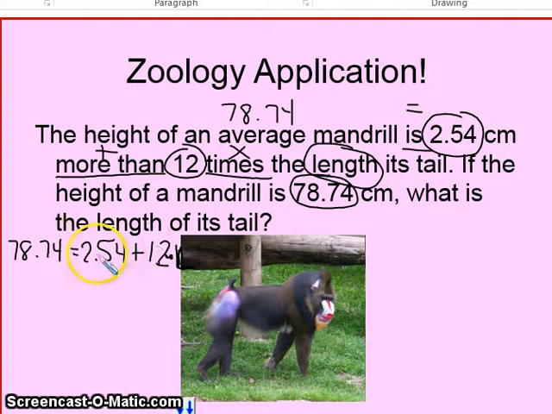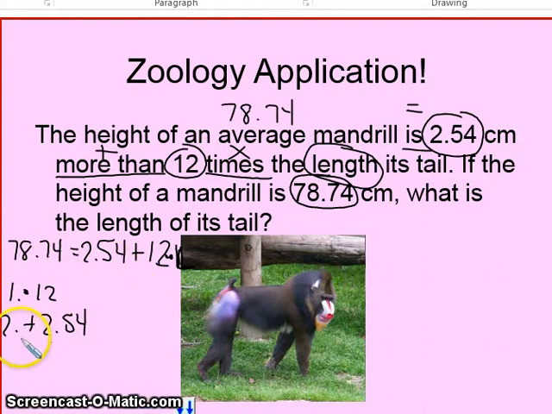Alright, now I'm going to solve this equation using opposite operations. So if this was just an expression that I was going to simplify, my first step would be to multiply by 12. And once I multiply 12 times L, then my next step would be to add 2.54. So I'm going to do opposite operations in opposite order.